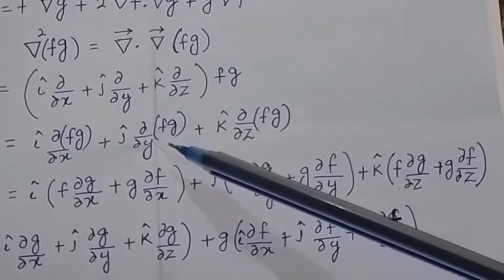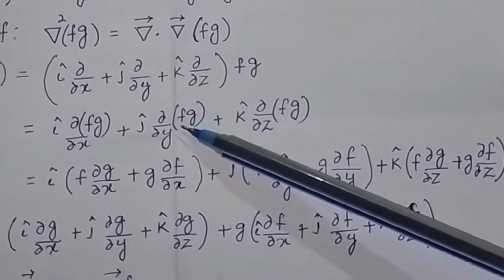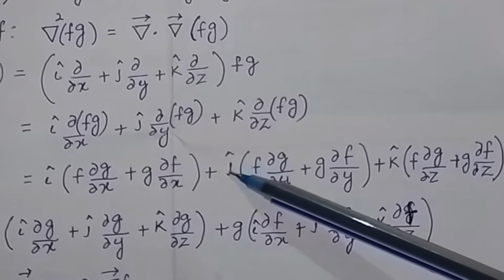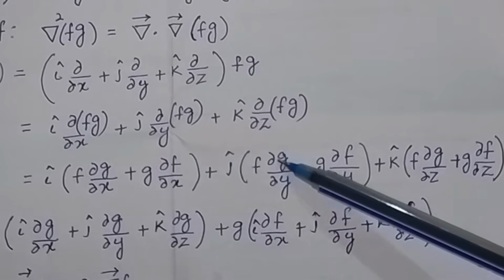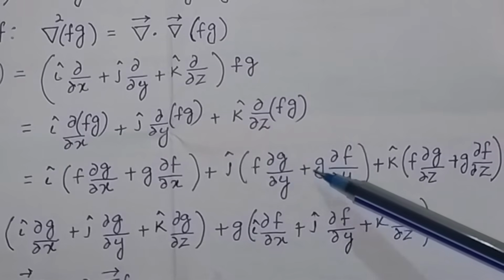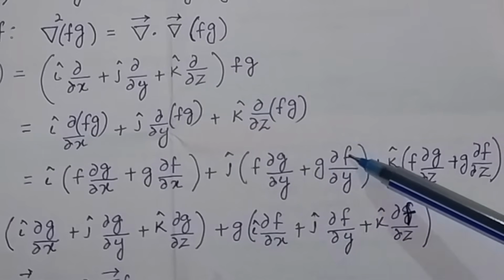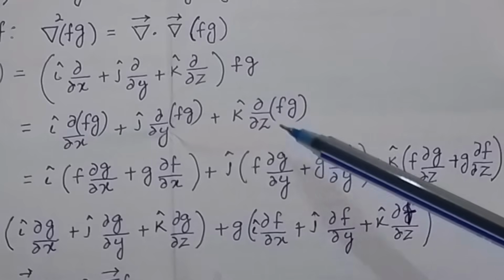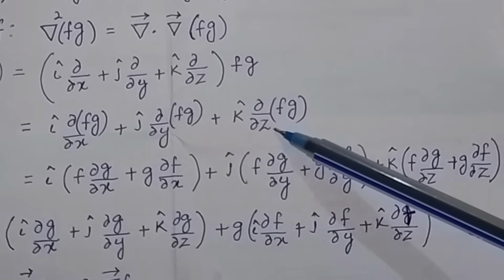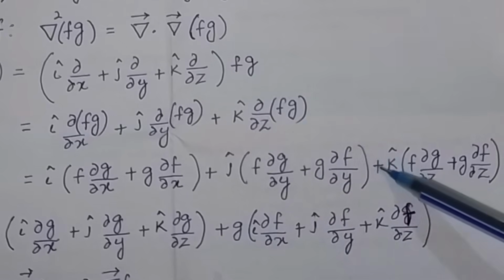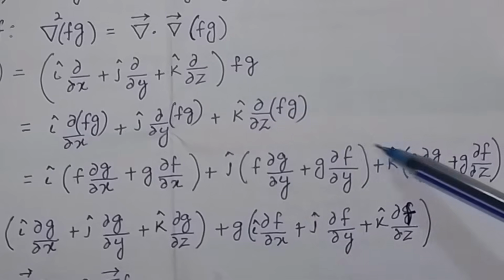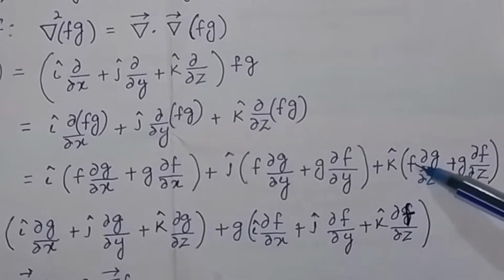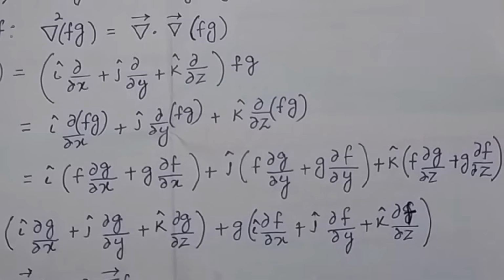Similarly, we can find the partial derivative of this product function for y: j cap, f into partial derivative of g with respect to y plus g into partial derivative of f with respect to y. Similarly, for the z component, we have k cap, and then f partial derivative of g with respect to z plus g partial derivative of f with respect to z.